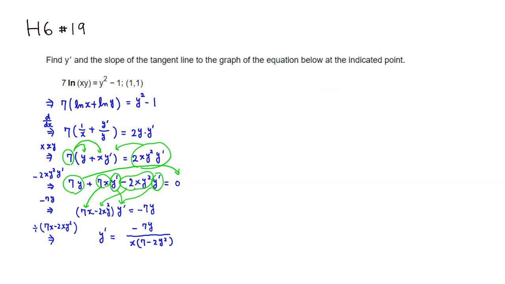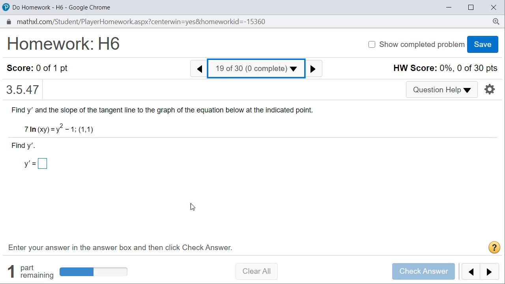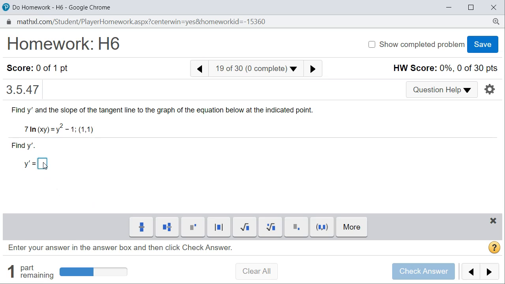So let's type it in. What we got was negative 7y divided by x times the quantity 7 minus 2y squared.